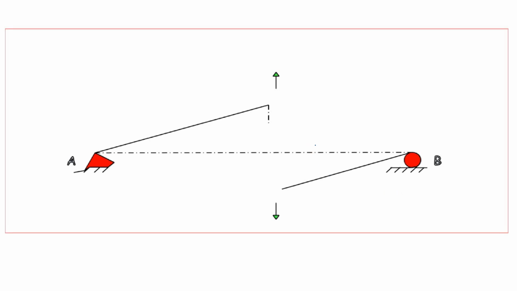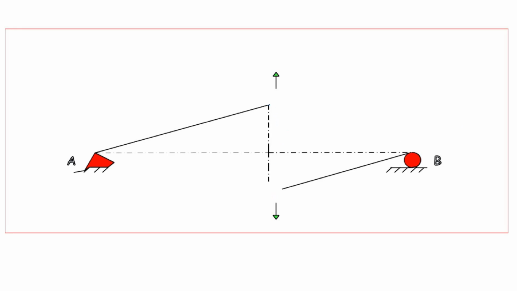Once you adopt the Müller-Breslau principle, within a few minutes you will be able to solve the problem of drawing the influence line diagram for the shear force at the cut for the simply supported beam AB. So this is the shape of the influence line diagram. Now we have to find out the ordinates.